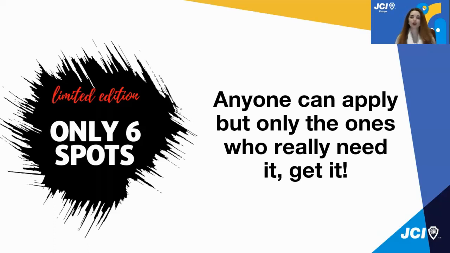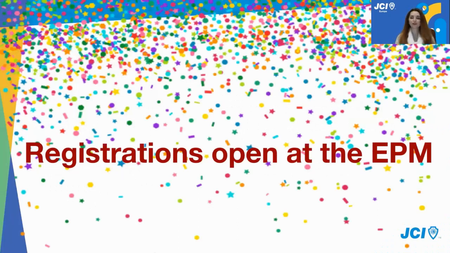This means that the top 6 national organizations that get the top scores will be the ones that get this program. So it's very important that we give intensive support, but it's important who we give it to, because we need to focus on the organizations that really need it.